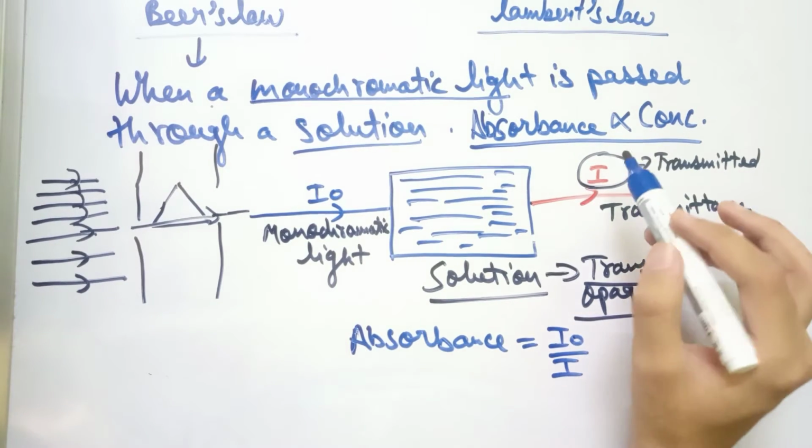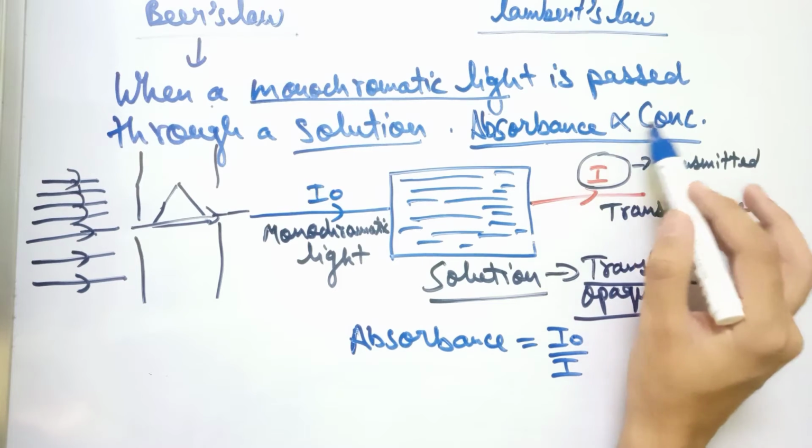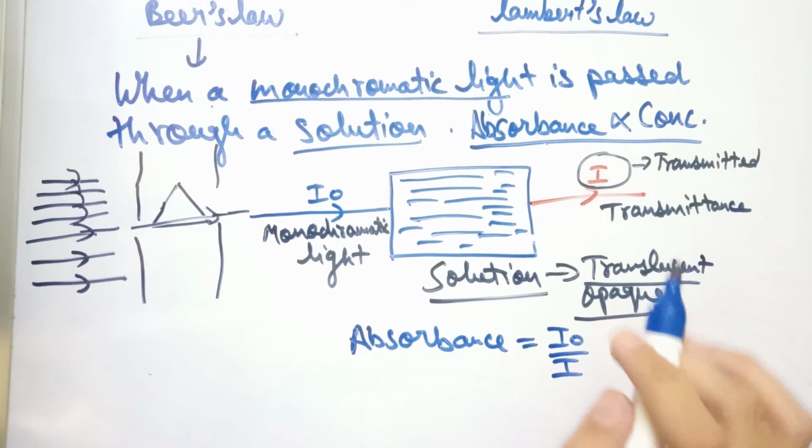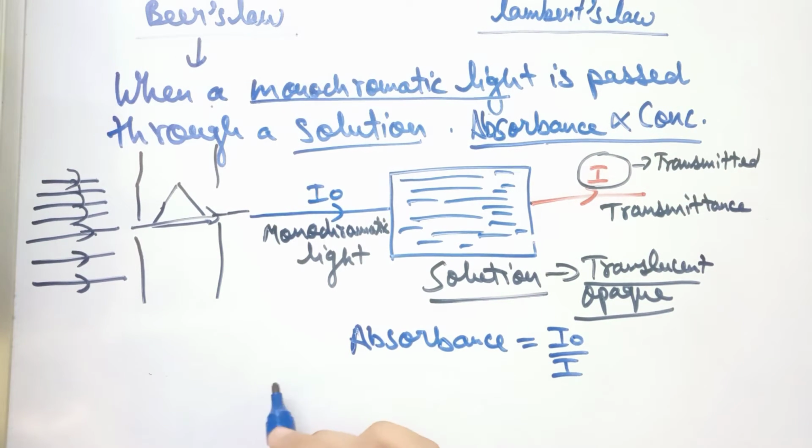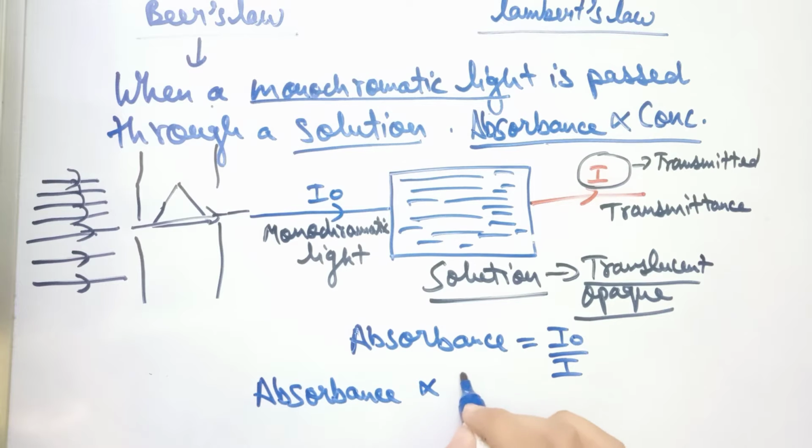As Beer's law states that absorbance is directly proportional to the concentration of the solution, we can write that the absorbance is directly proportional to the concentration of solution.